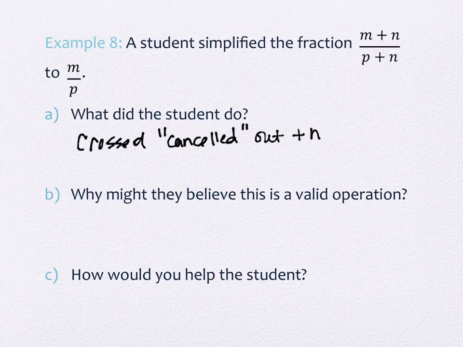Why might they believe that this is a valid operation? Because they see that it's on the top and the bottom, and using past math experiences, we know that with 5 times 2 over 6 times 2, you can cancel out the 2's. They might think about adding an opposite, subtraction, but they're still also probably doing something with multiplication, which you hit on at the very end.